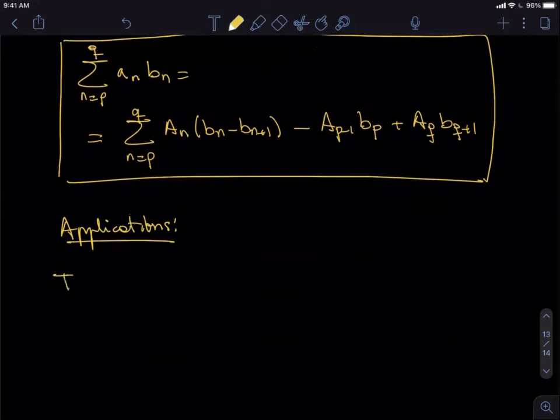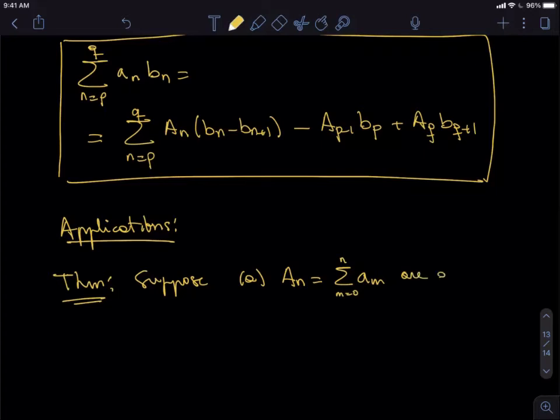So the first one, here we are going to suppose three things. So the partial sums A_n of the series of a_m, so m from 0 to n, these are a bounded sequence. Let's just write bounded sequence.